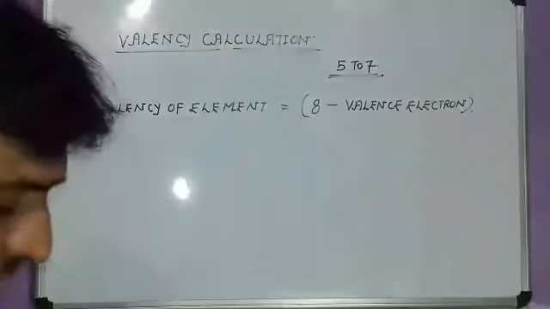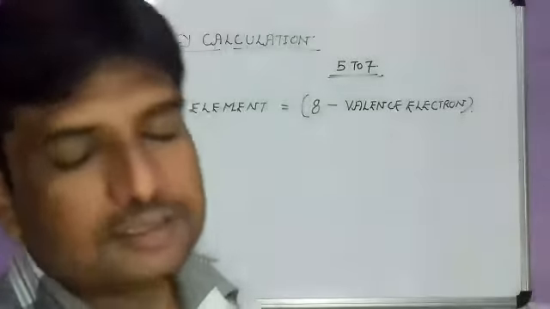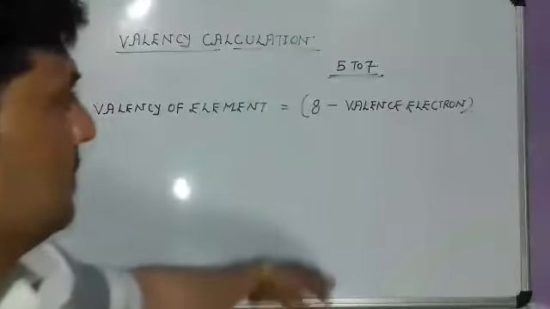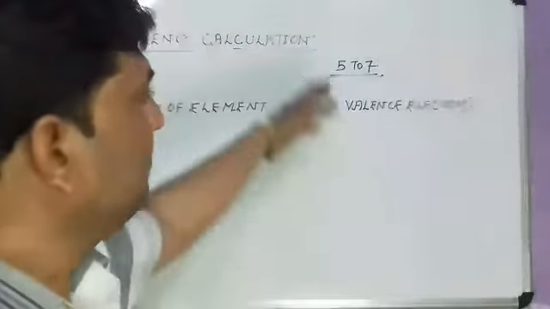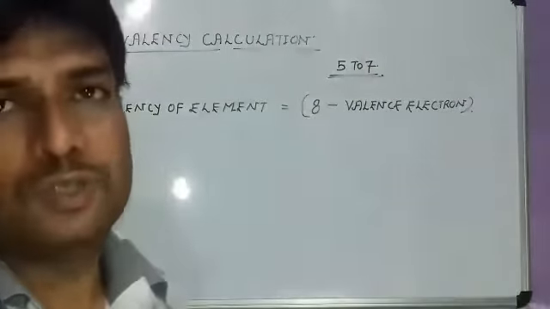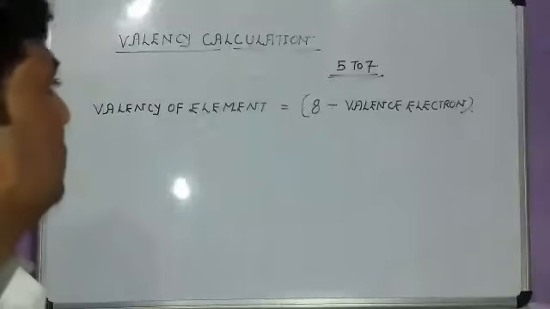Okay, this is the formula for finding the valency of those elements which have 5 or 6 or 7 electrons in the outermost orbital.